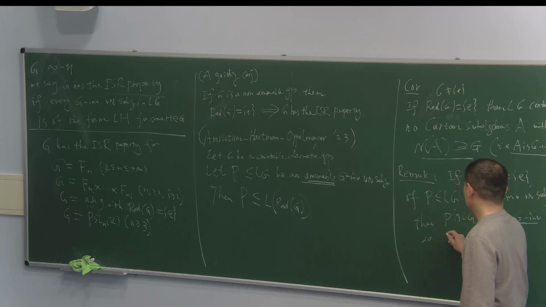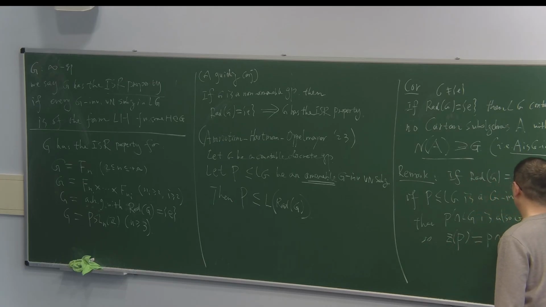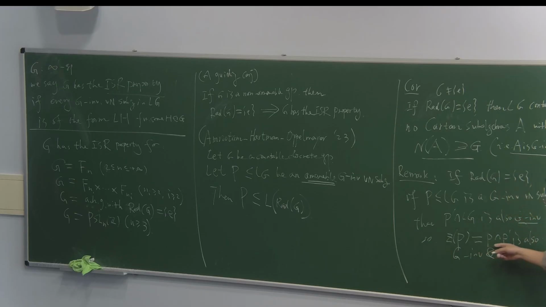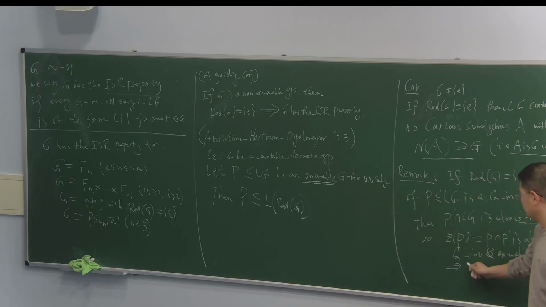So you take the intersection, which is the center of P, also G-invariant, and in particular it's an abelian von Neumann subalgebra, so it's also amenable. By this theorem, this has to be trivial because the radical is trivial.